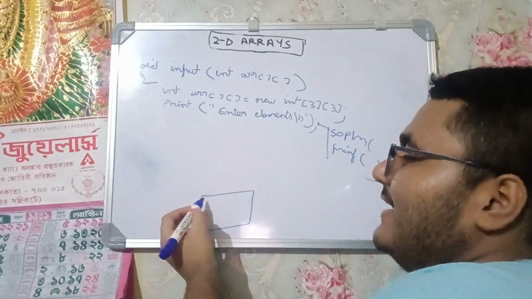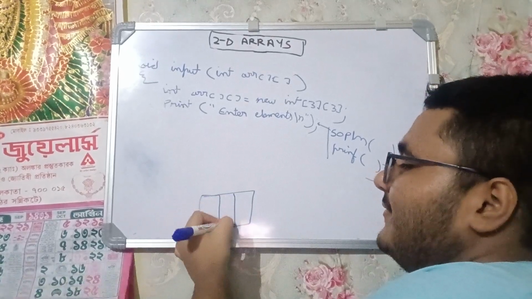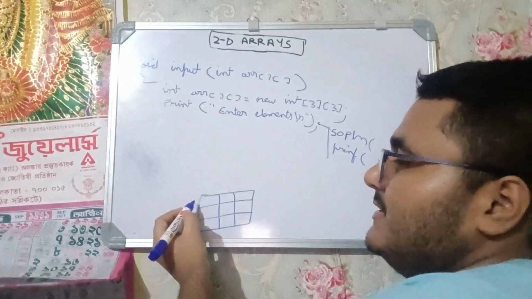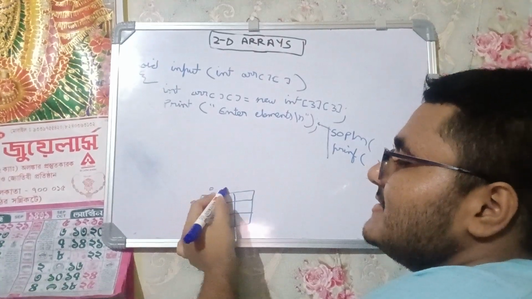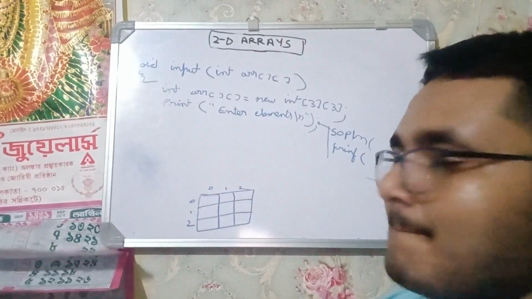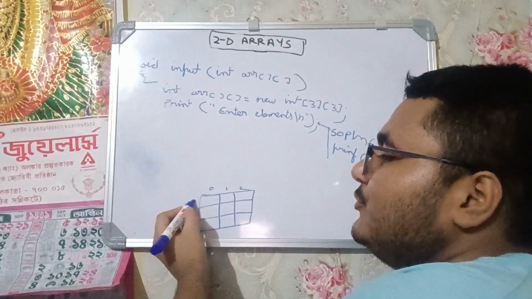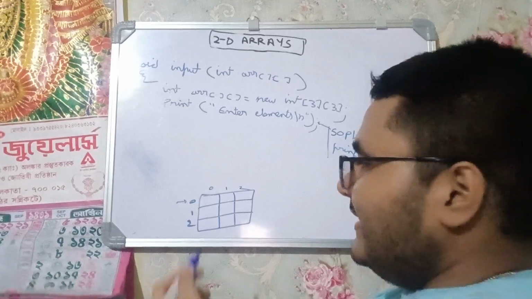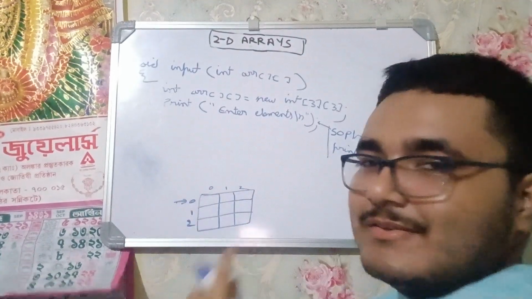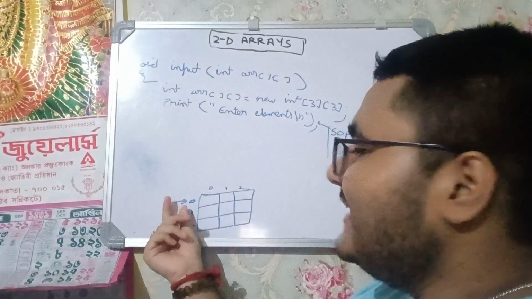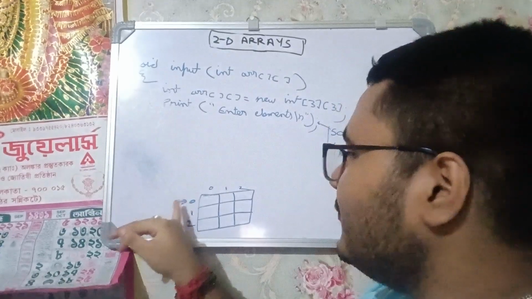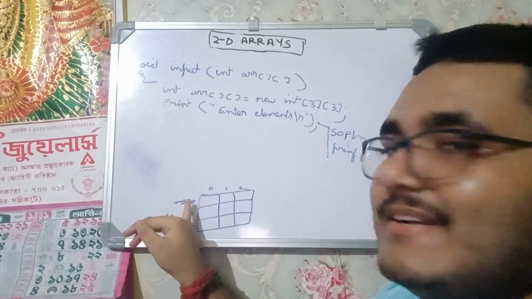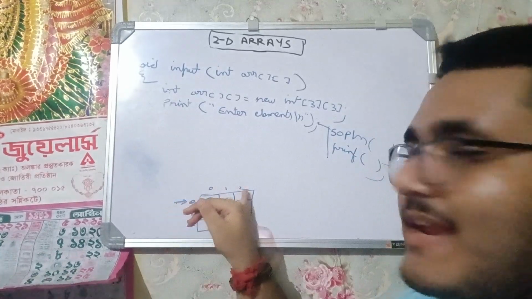Now say this is my 2D array, with indexes 0, 1, 2. First I need to travel this array. I need to first come to index 0 of this array, and then when I enter this, I can travel this array.